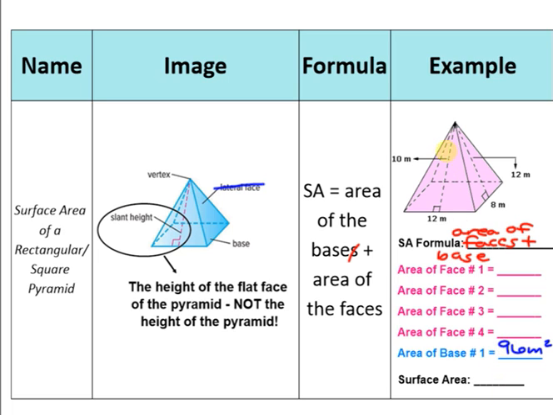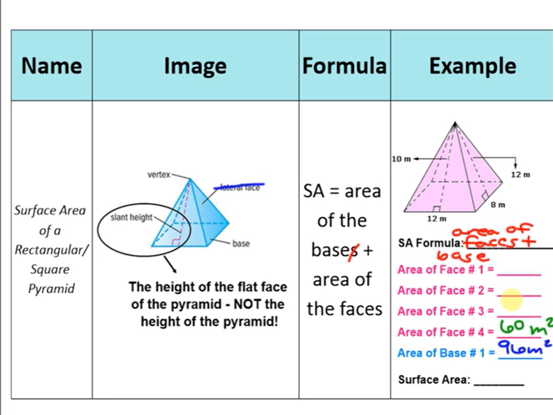Okay? Now, I need to find the area of this face right here, this triangle. So that's going to be base times height times 0.5. So 12 times 10 times 0.5. And so that's going to be 60 meters squared.